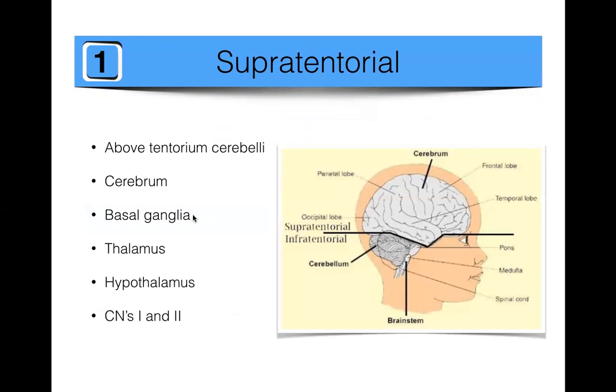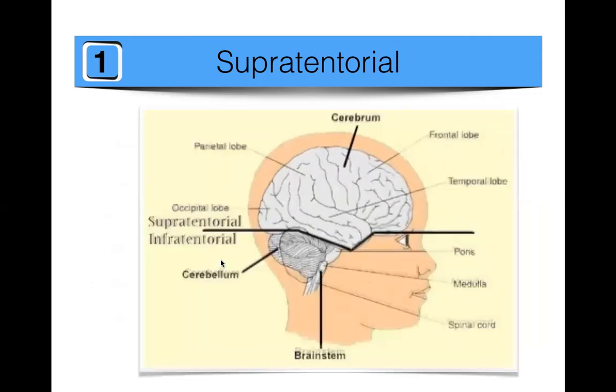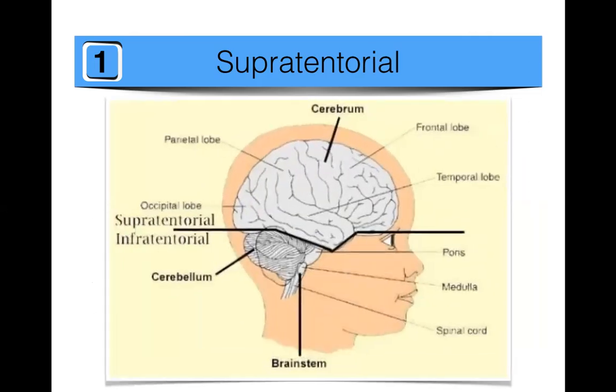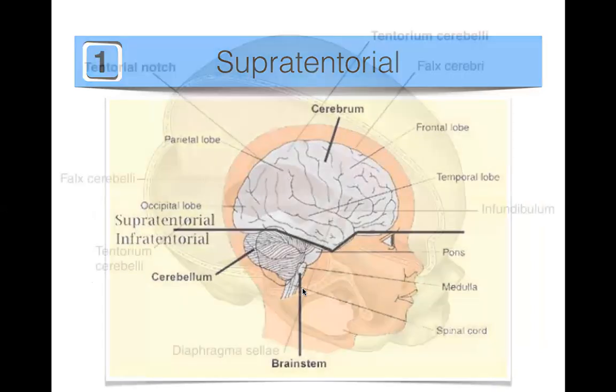Embedded in the cerebrum would be the basal ganglia, the thalamus, the hypothalamus, as well as cranial nerves number 1 and number 2. All of these structures are considered to be supratentorial. Again, there's a fold of dura mater called the tentorium cerebelli. This is the delineation between the supratentorial structures and the infratentorial structures.